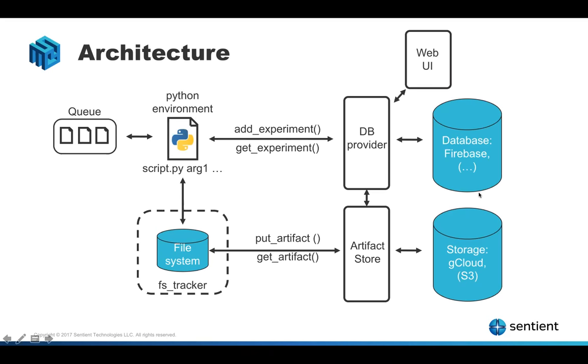I think it used to be Firebase, but we might have changed that recently. If we did, it's a very recent change. Any artifacts such as the data or the checkpoints are stored in G-Cloud. And this part you can change out yourself.